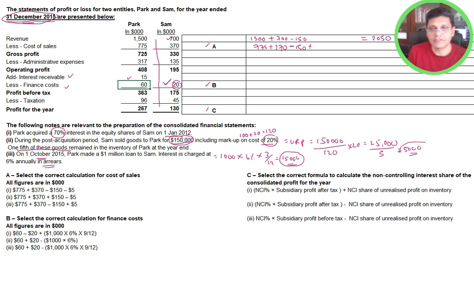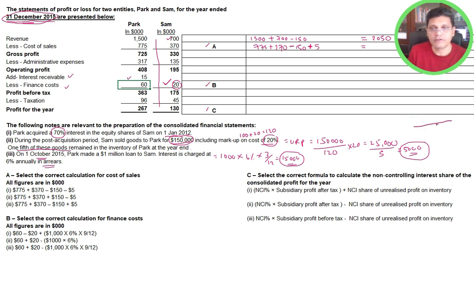So unrealized profit is 5000, 5000 has to be added back. Now I explain to you why we need to add back the unrealized profit, because in the previous video also I explained this particular concept. This unrealized profit will be removed from the inventory.